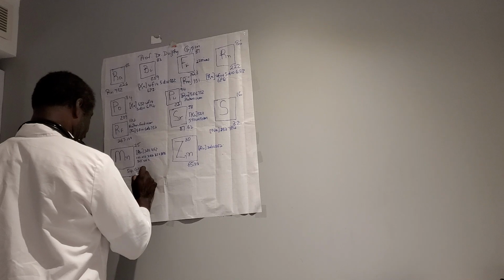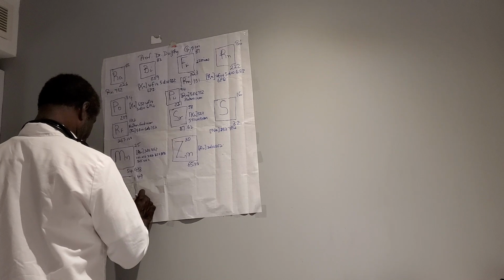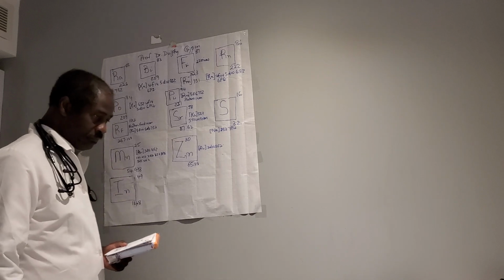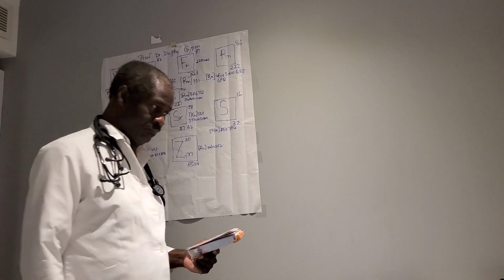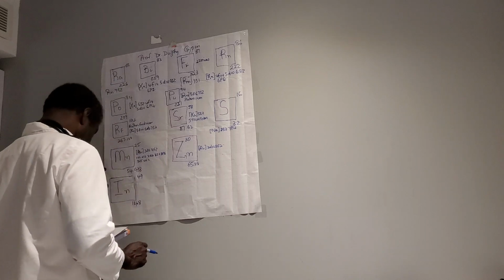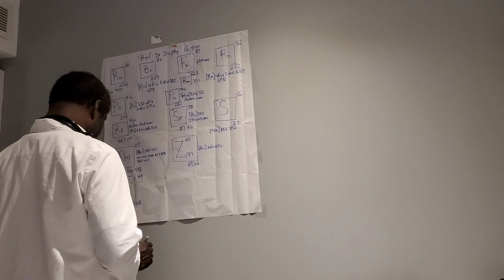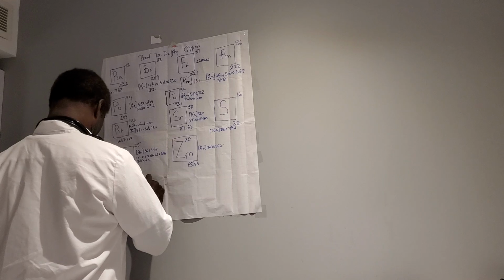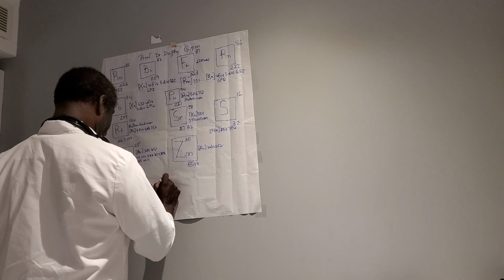Atomic number 49, and this is the configuration of krypton, 4d10, 5s2, 5p1.